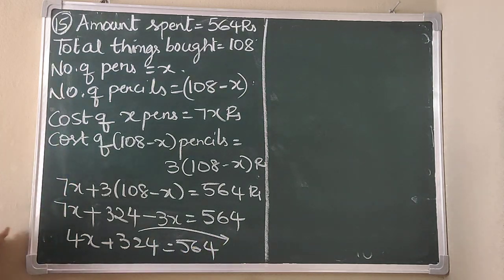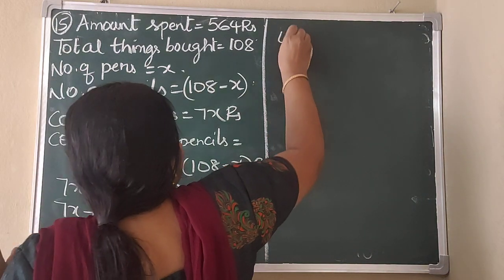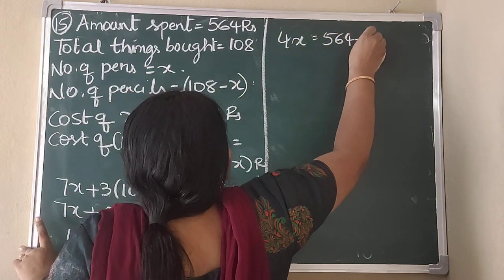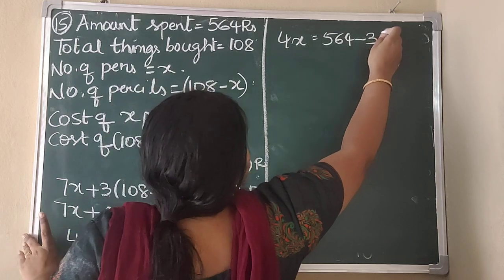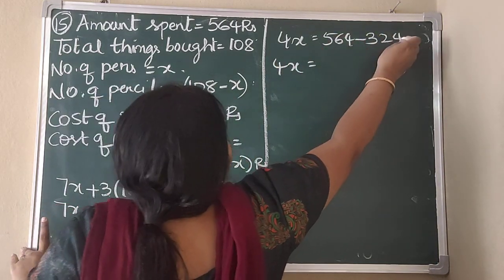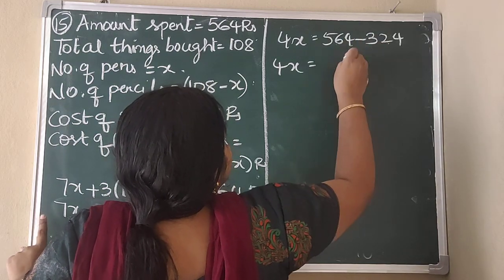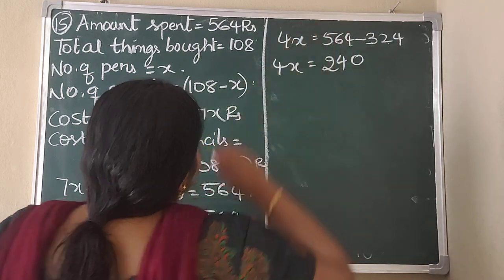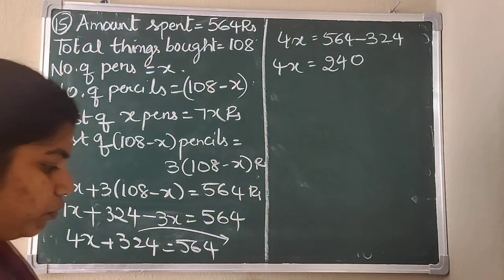Transpose this value to the other side. That will become 4x is equals to 564 minus 324. Subtract this value. 4 minus 4 will be 0, 6 minus 2 will be 4, 5 minus 3 will be equals to 2. So that will be equals to 240.